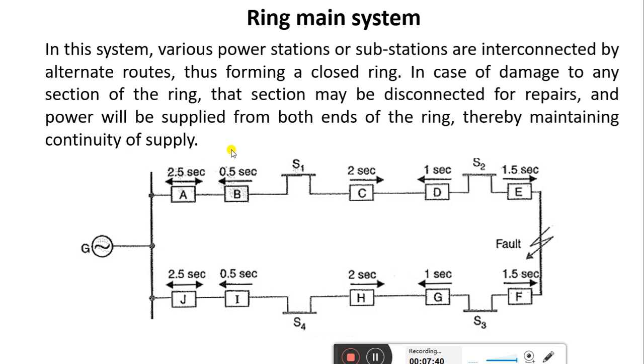This is what I discussed earlier: in the ring main system power is fed from both sides to form a ring, and if there is a fault at any place between the substations, only that particular faulty point will be disconnected and the rest of the system will remain healthy.